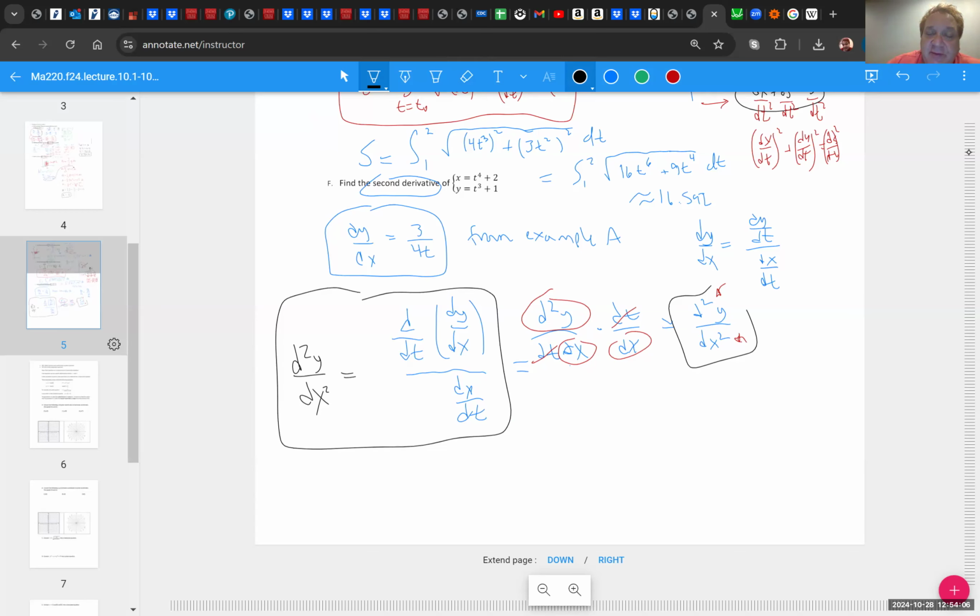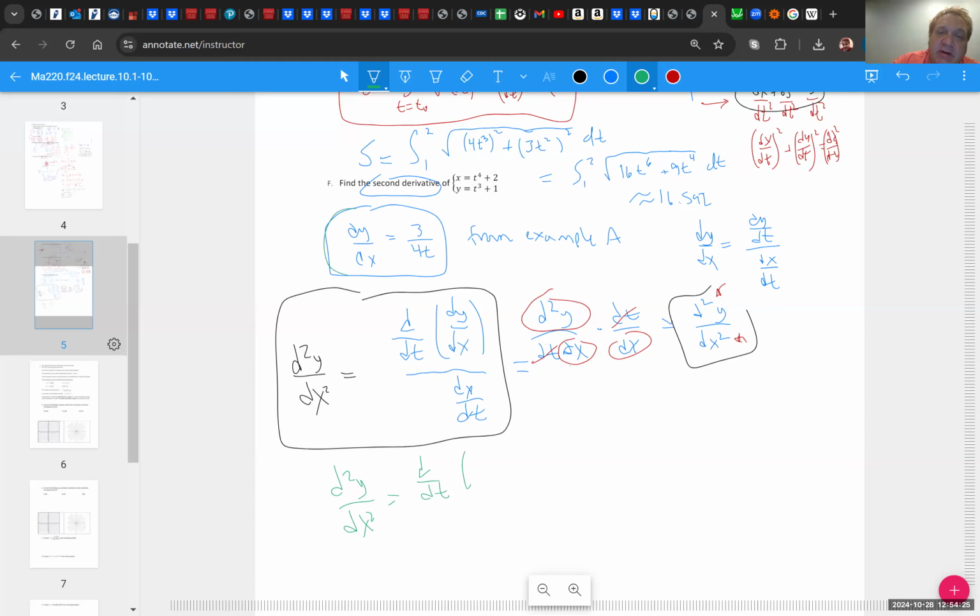All right, let's go ahead and do that for this problem. So for our particular problem, the second derivative is equal to the derivative of dy dx. Now with dy dx, we have written over here already.